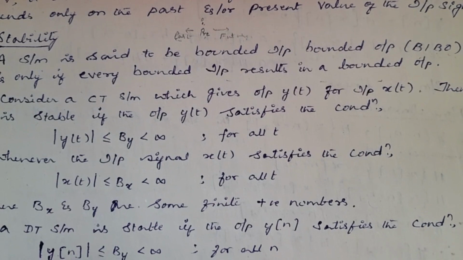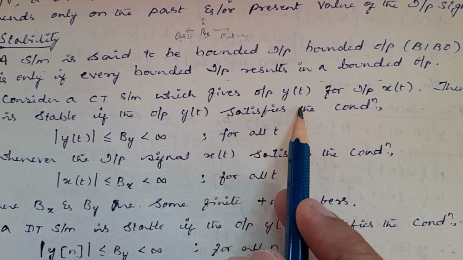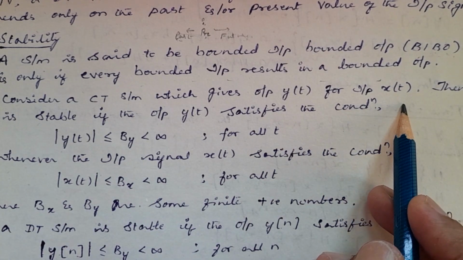An example: consider a CT system which gives output y of t for input x of t.